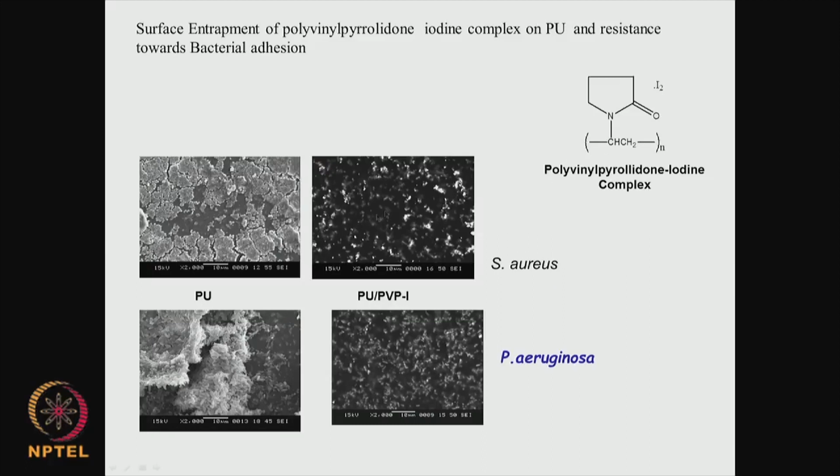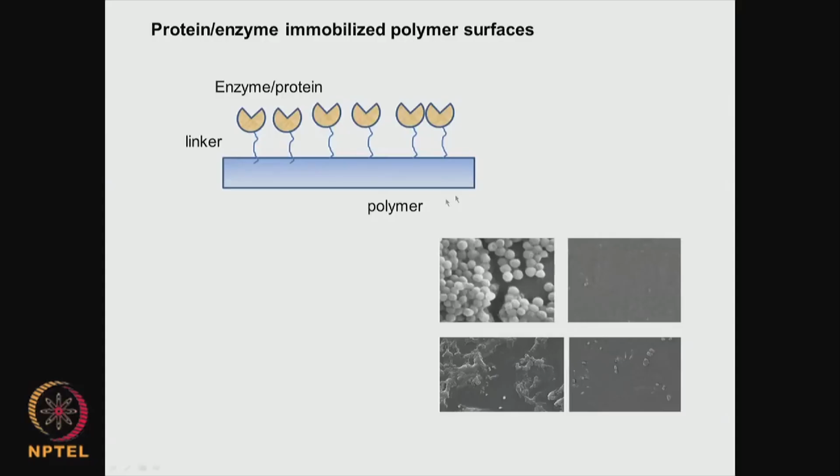These are not biofilms here and here. So, this is a different example, the third example I would say, where I am talking about having a coating which slowly releases an antibacterial material. Again we see a very good reduction in the biofilm and attachment.